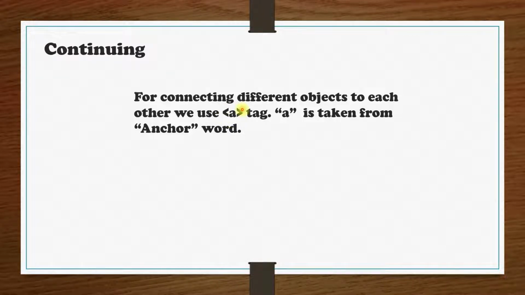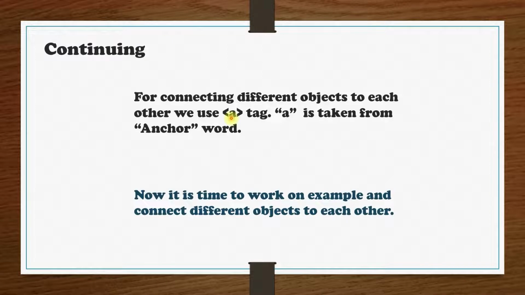The a tag is taken from the word anchor, and when we use the a tag, it takes you from one web page to another web page. Now it's time to work on an example that connects the different web pages or different objects to each other. Okay, so let's work on our example.